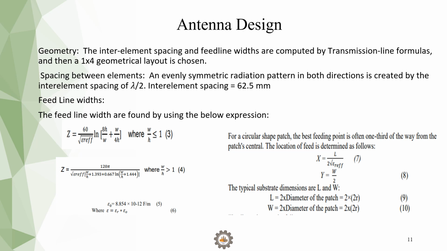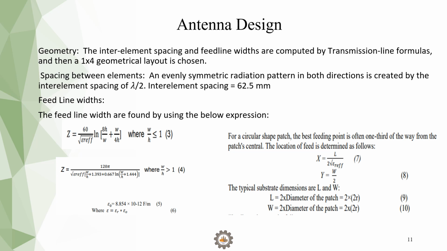We adopted the technique called quarter wave transformer. The quarter wave transformer is used to divide the power equally to all the patches of the circular patch array antenna. To find the dimensions like length and width of the feed lines, we compute using the given formulas, shown in equations 3 and 4.